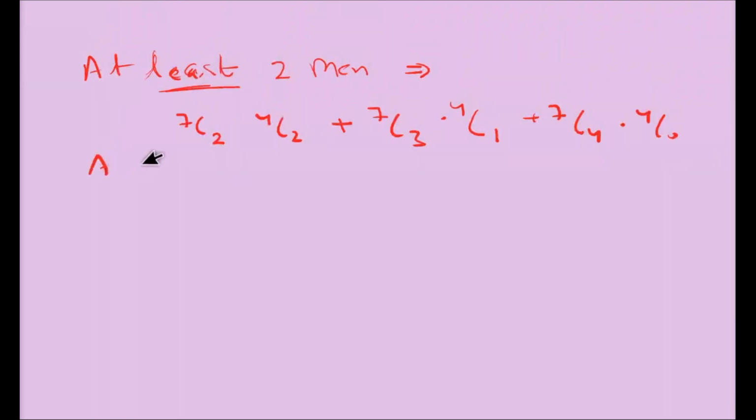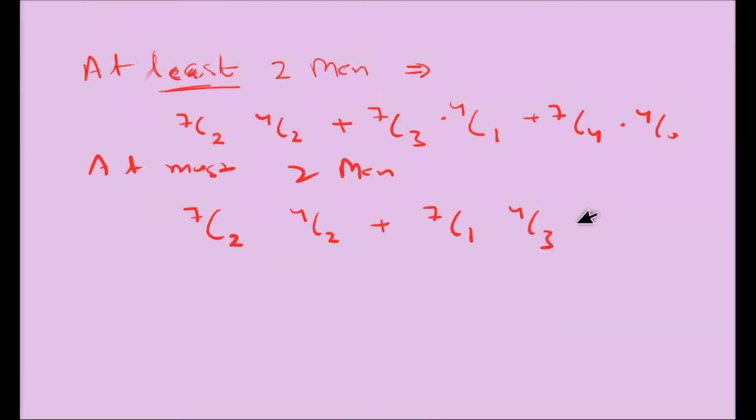If it is at most 2 men, what do you have to write? 2 men and 2 women, and 1 man and 3 women, and no man, 0 men. No man means 0 men, and all women.